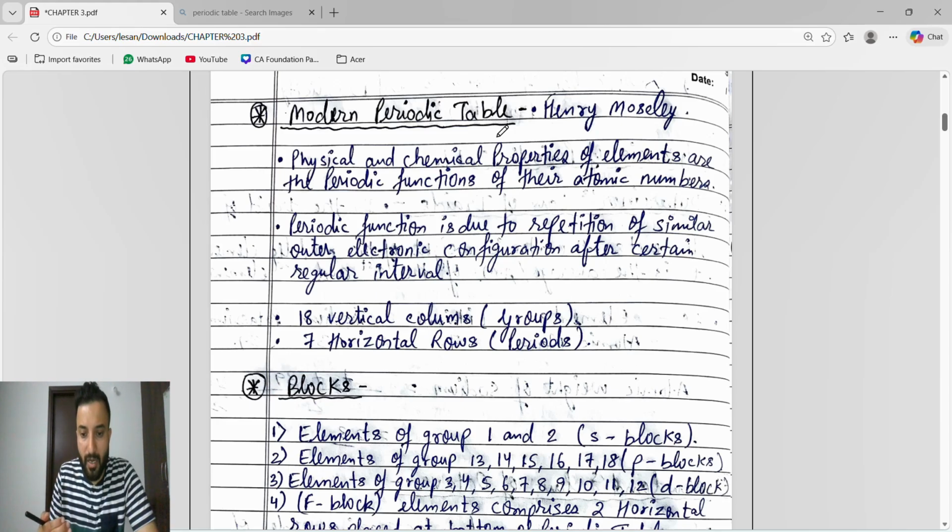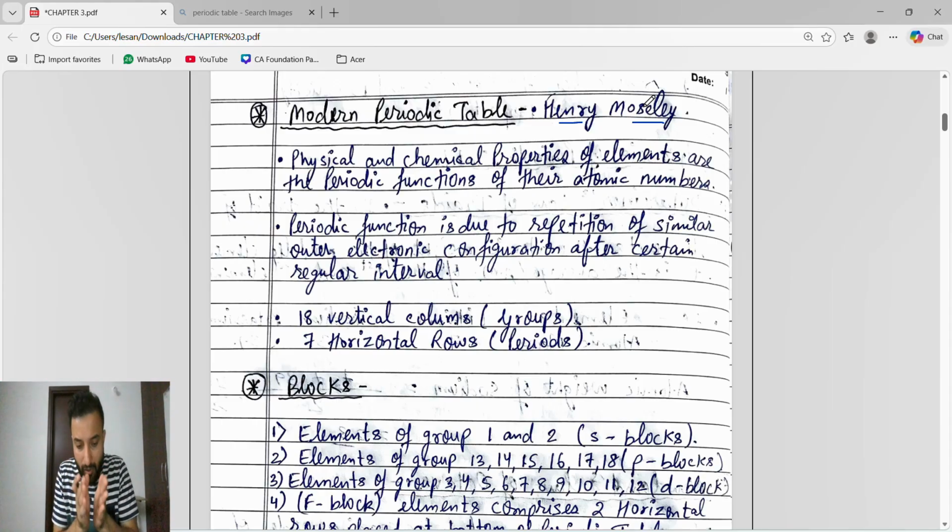Now next came the modern periodic table. Guys, the modern periodic table is also called the long form of the periodic table. So if in the examination they say long form of periodic table, it is nothing but the modern periodic table. The modern periodic table is given by Henry Moseley.